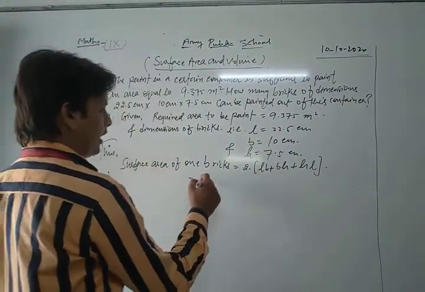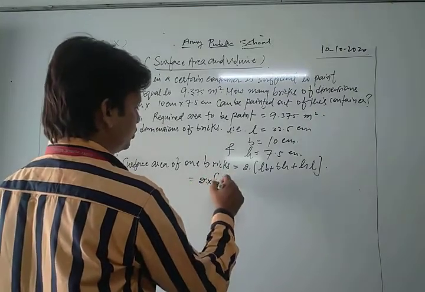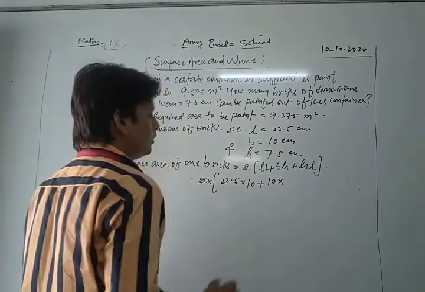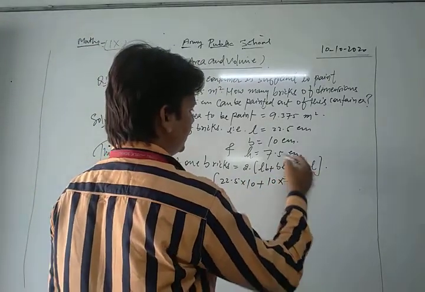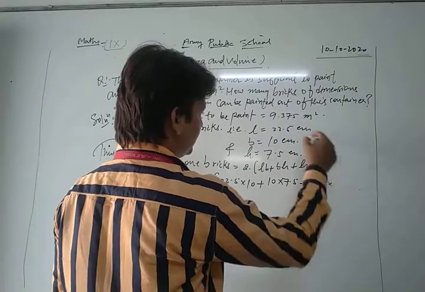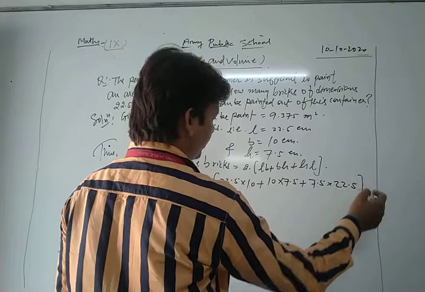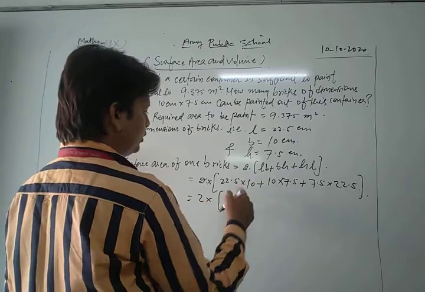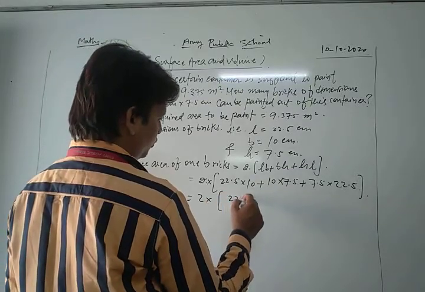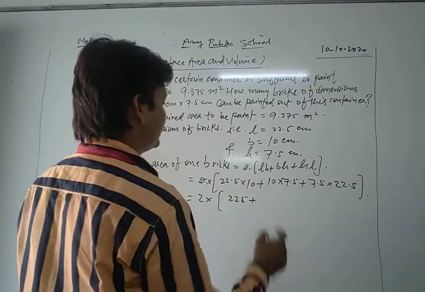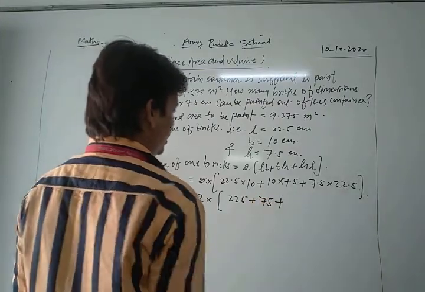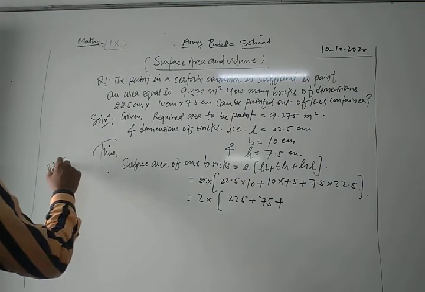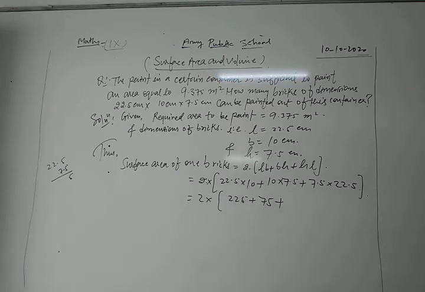We have 2 into length into breadth, that is 22.5 into breadth 10, plus 10 into 7.5, plus H into L, that is 7.5 into 22.5. Now we simplify them. 2 multiplied by 22.5 into 10 we get 225, plus this is what we get as 75, plus if you multiply them, let's see, 22.5 and 7.5, 5 by 25 carry 2.